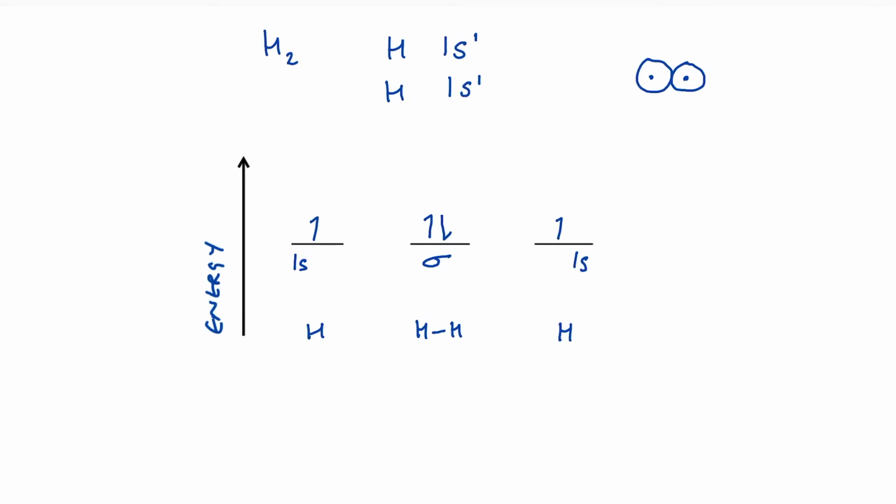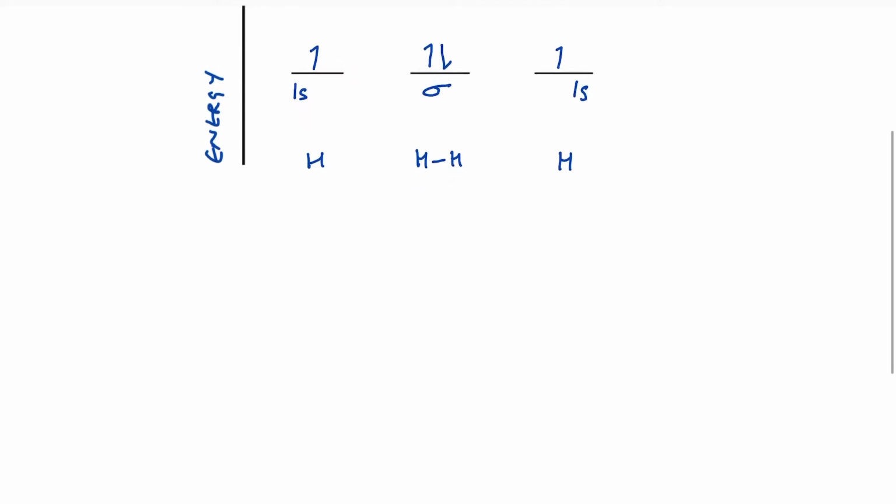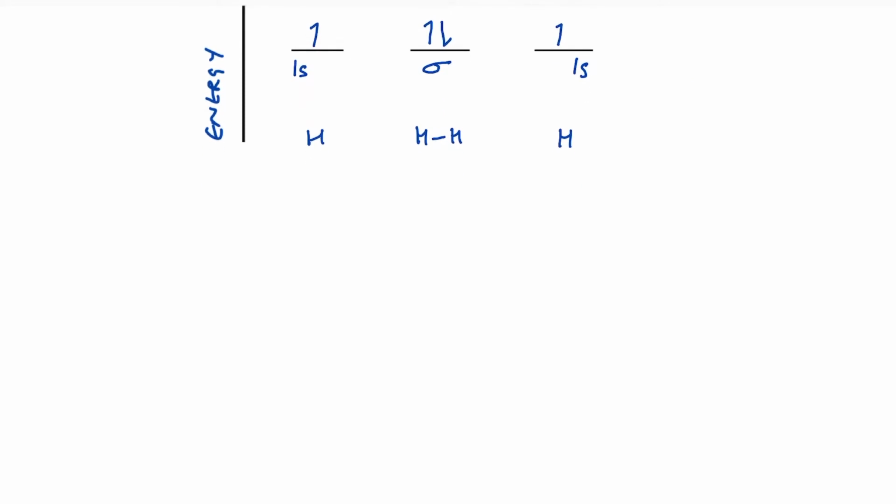In valence bond theory, the bonds have both ionic and covalent character, and that is shown by drawing resonance forms. So for hydrogen, we've got covalent character to our bond.